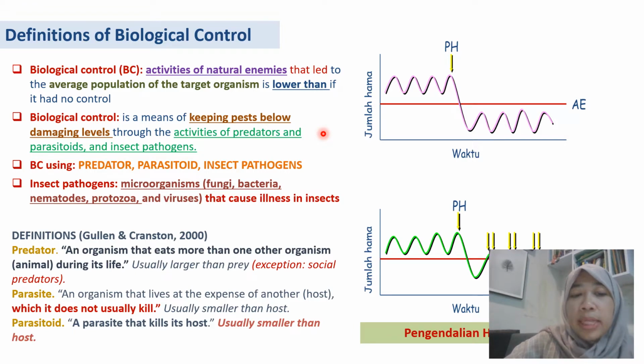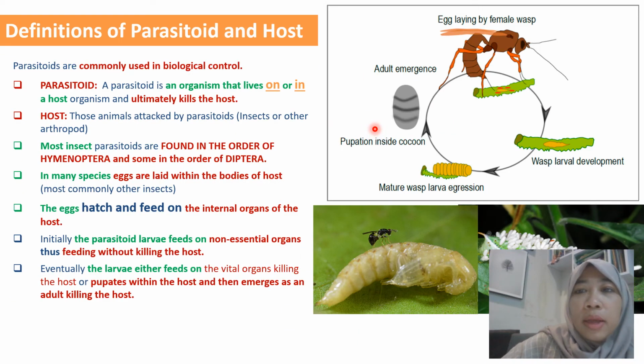Parasitoid is a parasite that kills its host, but not directly. There is a process to kill the host. And how about the size? The parasitoid is usually smaller than the host, but in some cases, the parasitoid is bigger than its host. In the next slide, there will be pictures.